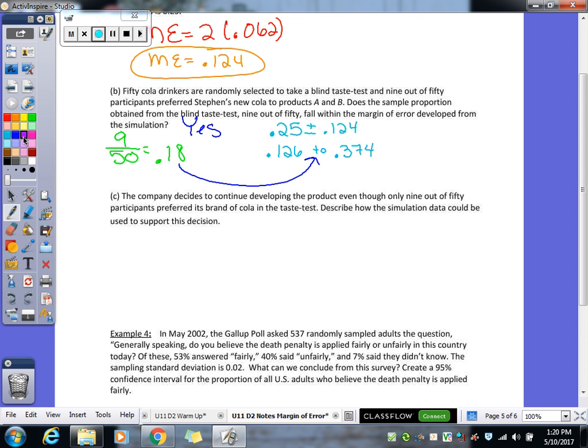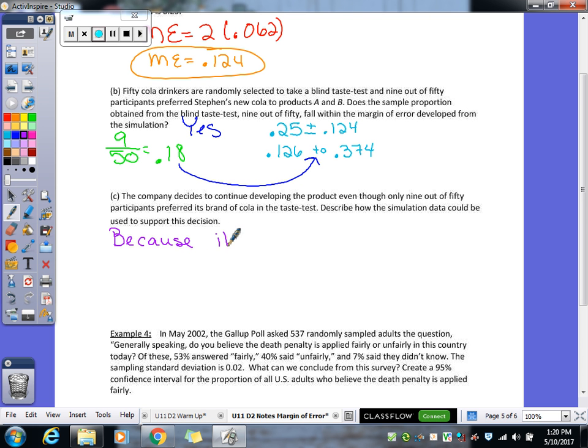It's not the entire population, which is why we created our confidence interval. And our 18%, as we just said, it fell within our confidence interval, didn't it? So they're good to go. That's true too.